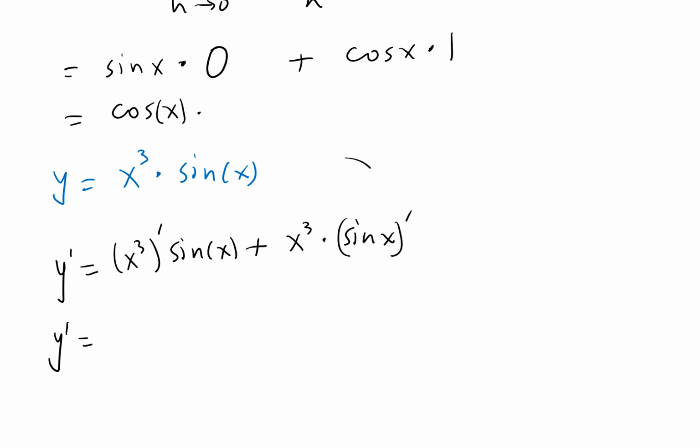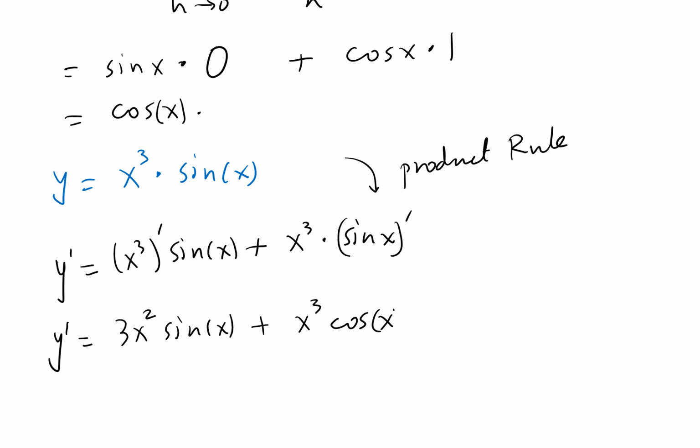So from here to here by the product rule, the derivative of x cubed is 3x squared, keep the sine x the same, plus x cubed the same, derivative of sine is cosine, and that's it.